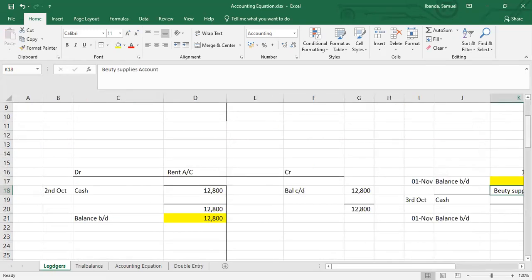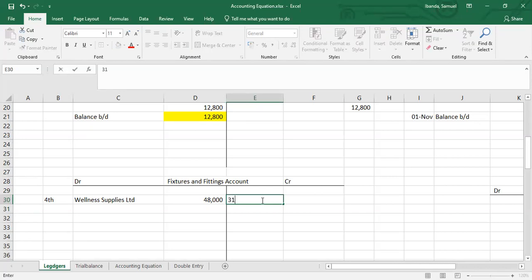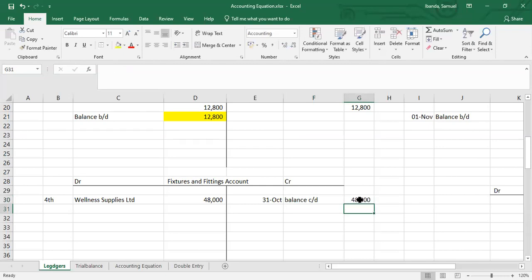Then I'll move to fixtures and fittings. Same story. This is 31st October. This is balance carried down. This is 48,000. I'll put my totals, same amount.